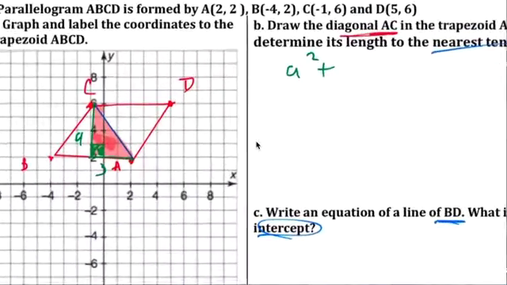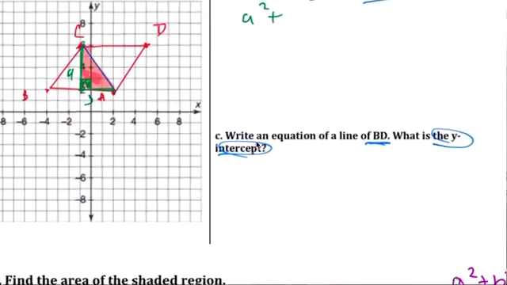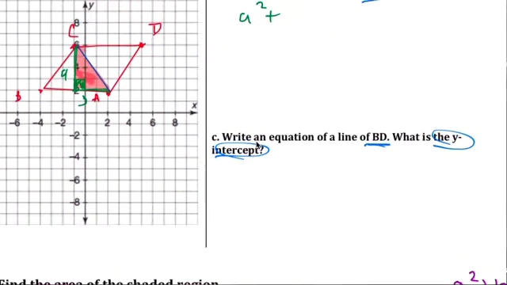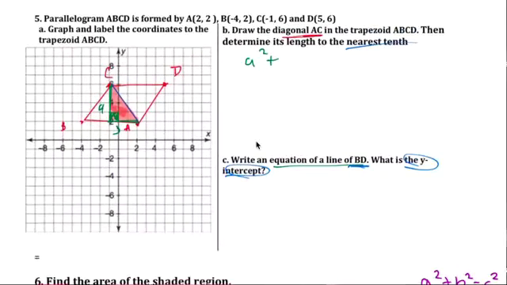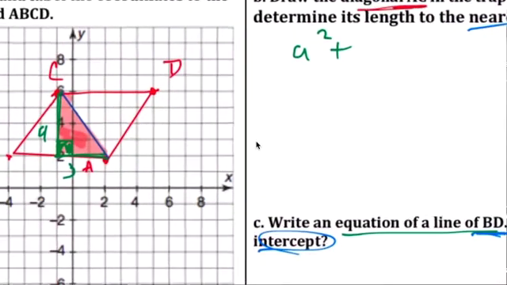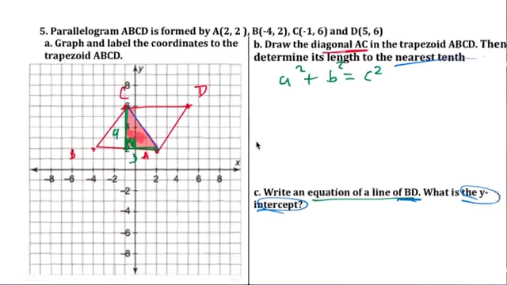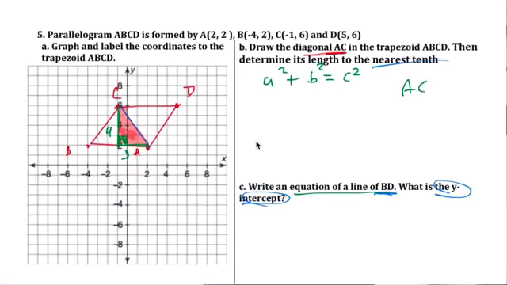And then you get the slope too. You get down 4 over 3. So the slope would be... oh, that's different, an equation of a line of BD, and we'll go over that in a minute. a squared plus b squared equals c squared to find the length of AC.